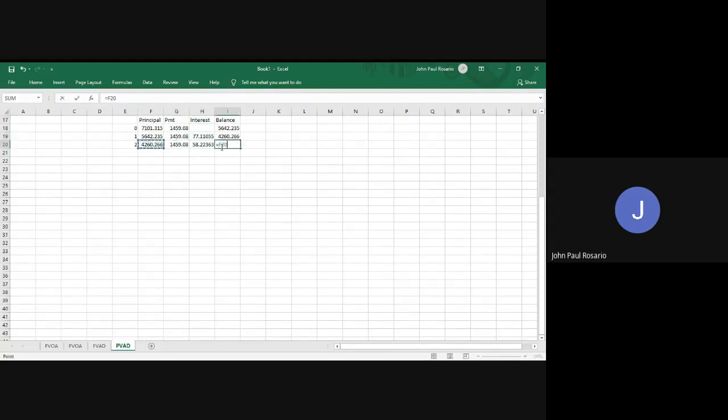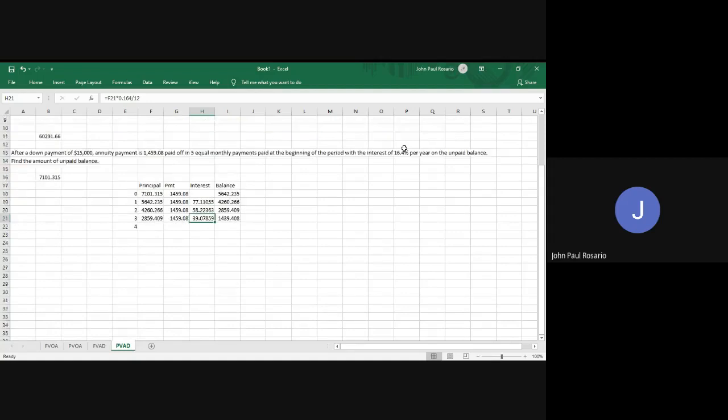So that's this plus this minus this. And then for year 3 it follows, and then year 4. How many payments are there, guys? 5, right?